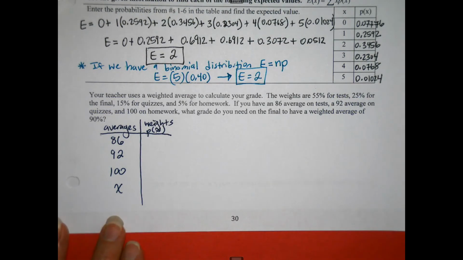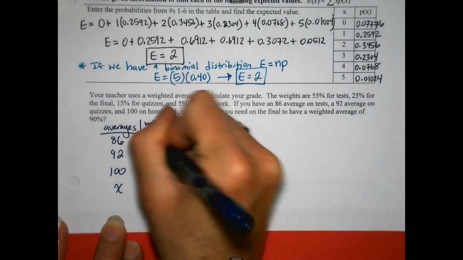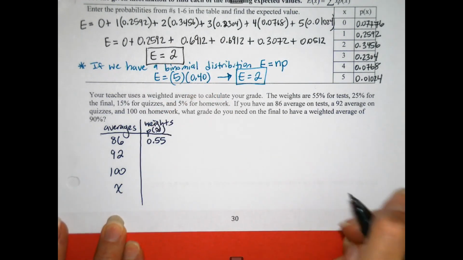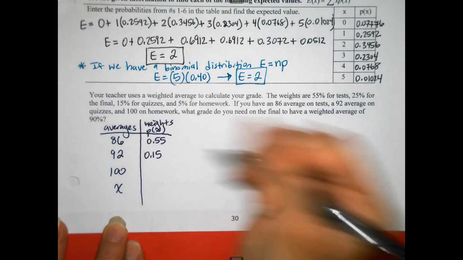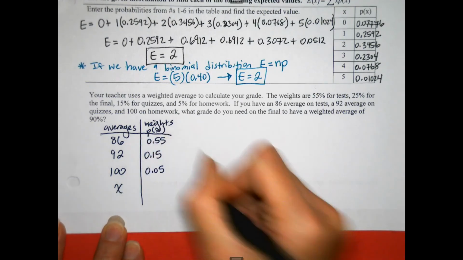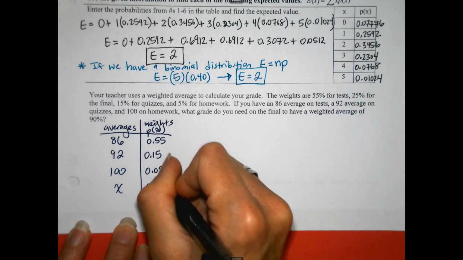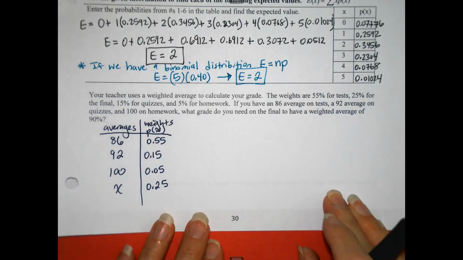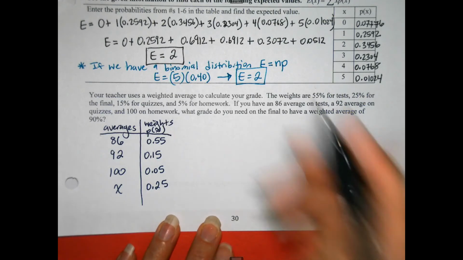The weight of our tests is 0.55. That's the probability. The weight of quizzes is 0.15. The weight of homework is 0.05. And the weight of the final is 0.25. We want our expected value to be 90.